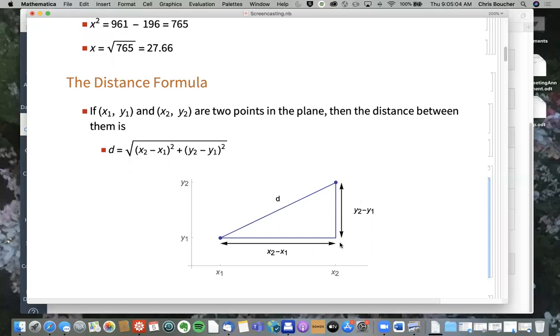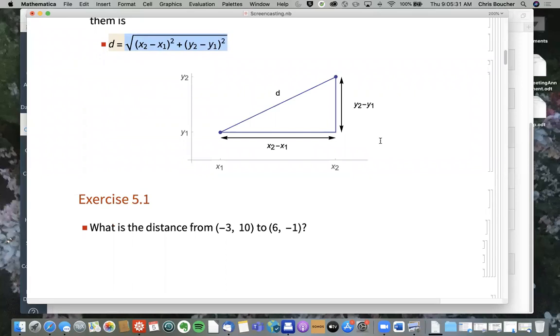So the horizontal distance is just the difference x2 minus x1, right? Horizontal distance is big X value minus little x value, and the vertical distance is y2 minus y1. Vertical distance is big Y value minus little y value. And so the Pythagorean theorem says that if I square x2 minus x1 and add it to the square of y2 minus y1, I get the square of d. And if you take square roots on both sides, you get this formula.